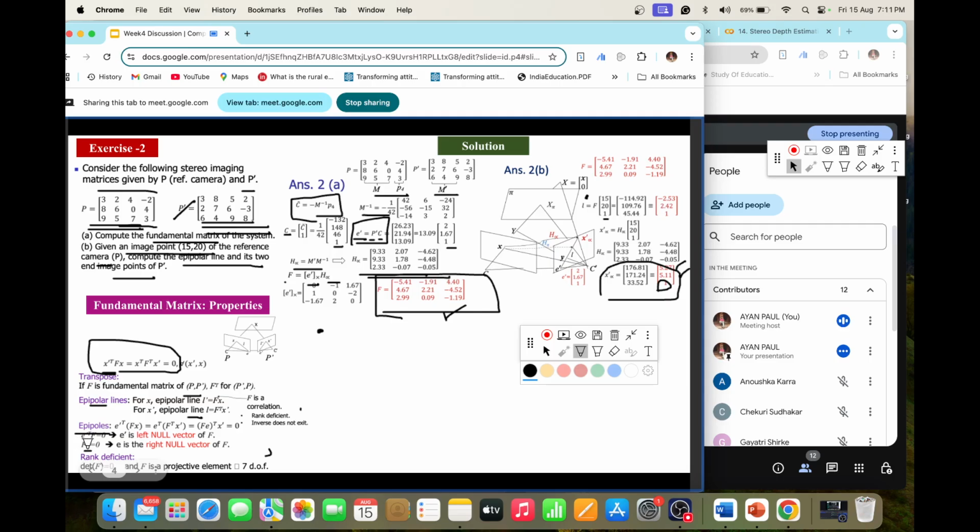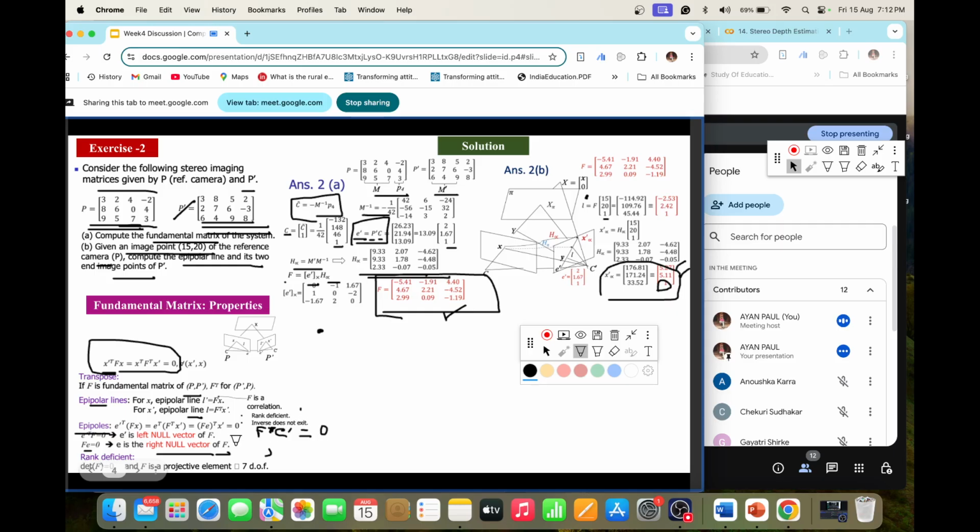F is the fundamental matrix and e is the left epipole, also known as the right null vector of F. Similarly, we can write F transpose into e dash equal to 0, where F transpose is the transpose of the fundamental matrix and e dash is the right epipole.